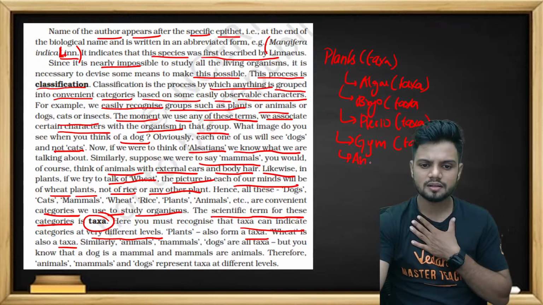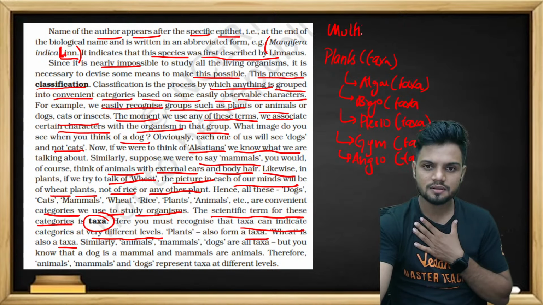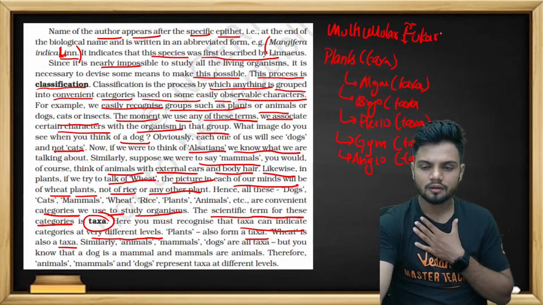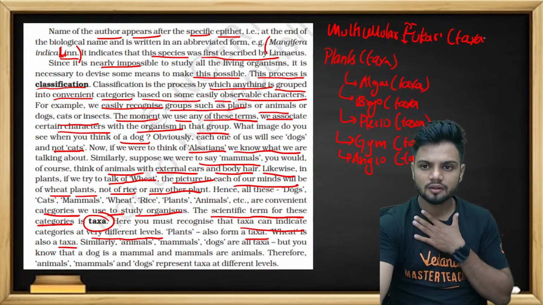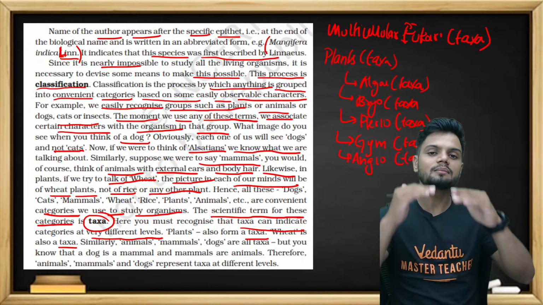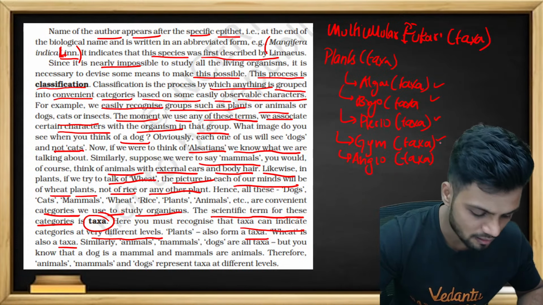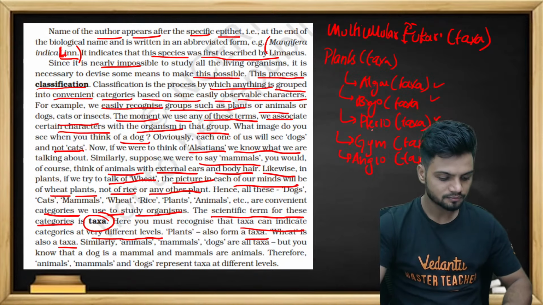Angiosperms, flowering plants, is also a taxa. If I talk about multicellular eukaryotes, that also is a taxa. So taxa is a group, and taxa can be present at multiple levels.